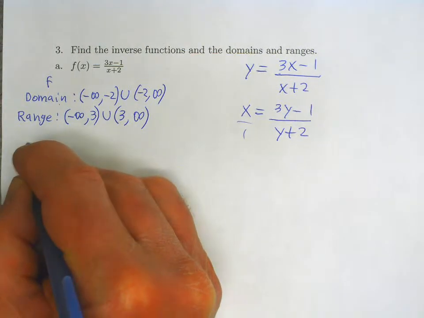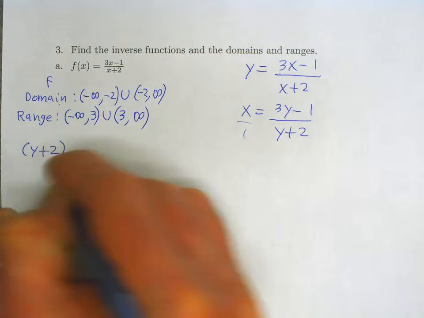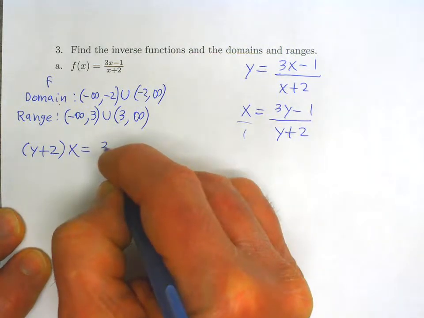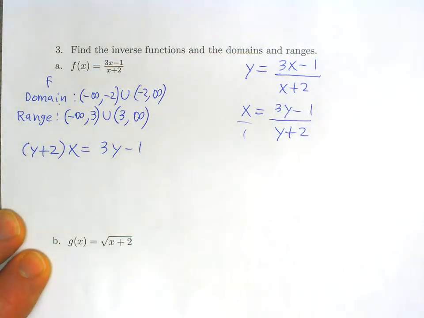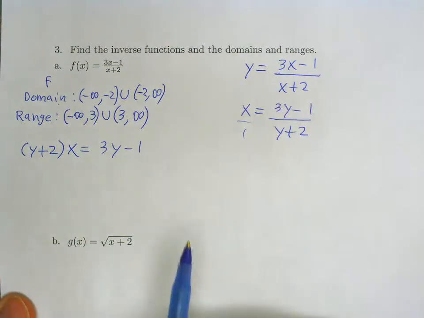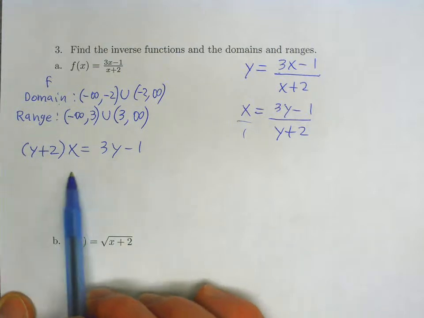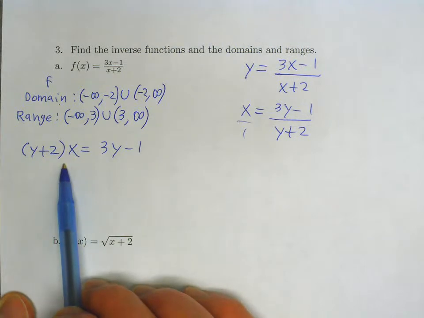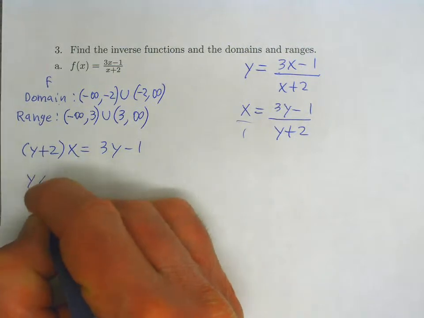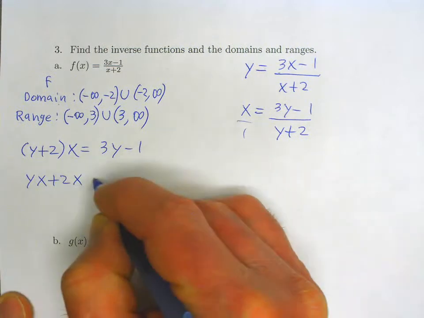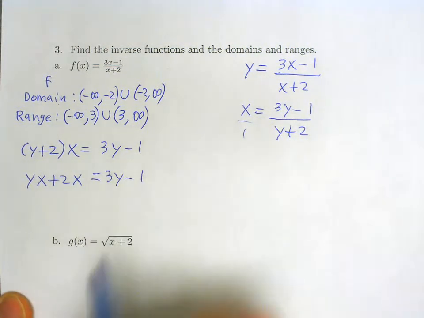So we get the binomial y plus 2 times x equals 3y minus 1. We want to get every term that has y in it on one side and every term that doesn't have y on the opposite side. But first we have to multiply y plus 2 times x, so we get yx plus 2x equals 3y minus 1.